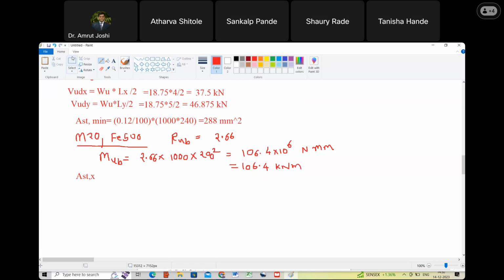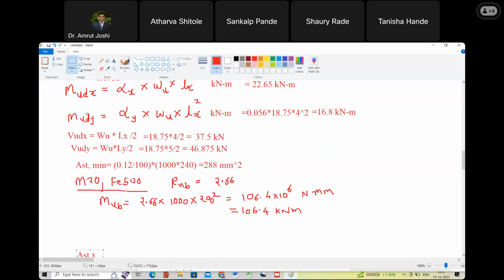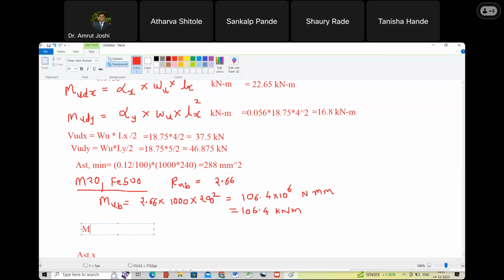So now, are Mu dx and Mu dy both less than this value? Yes. So are we going to require less than what is required for the balanced section? Yes. So is it an under reinforced section? Yes. So bending in whichever direction you consider, this is going to become an under reinforced section. Are you with me? Yes, sir.